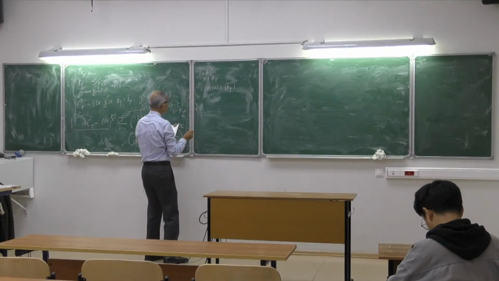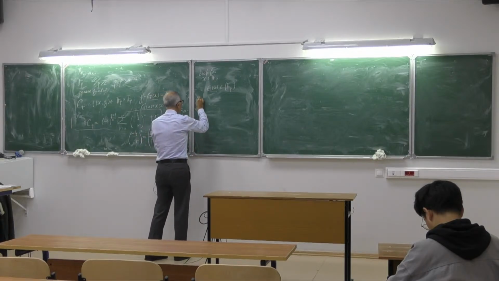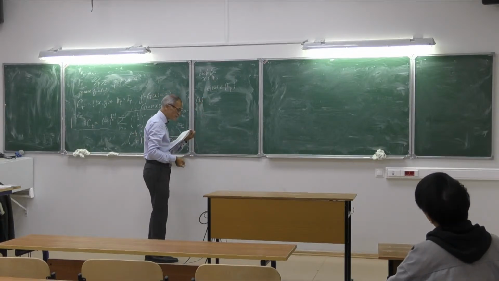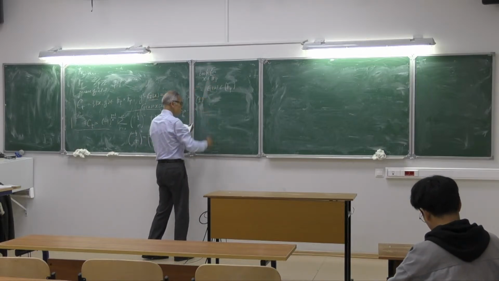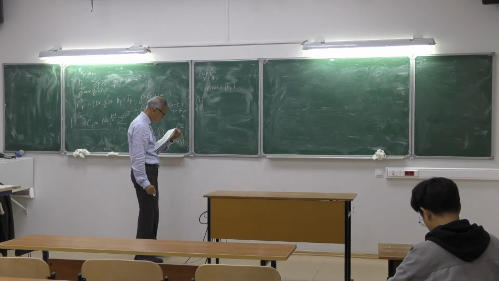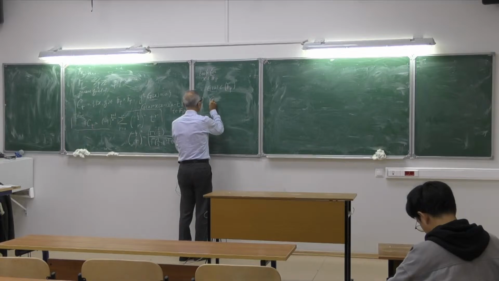And we divide x, in dependence on the value of Gx, into three cases. The first one is Gx belongs to Fp squared.